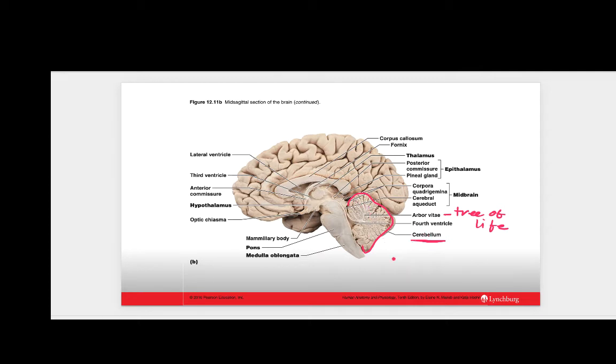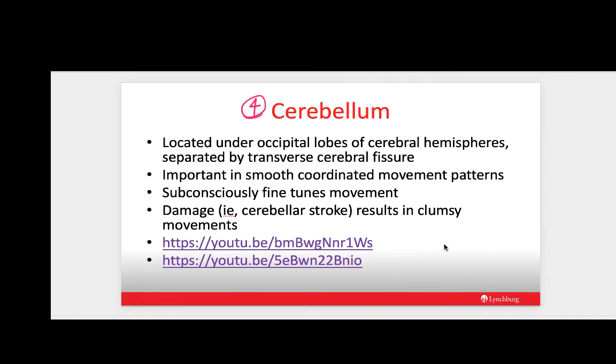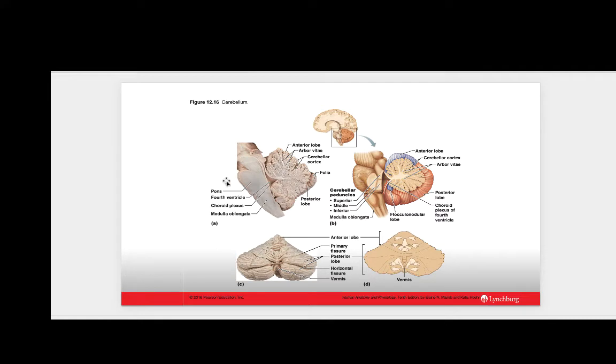Now, the cerebellum does also have a cortex, a cerebellar cortex, which is going to be the outer part of tissue. And then it's got cerebellar white matter, just like the cerebral hemispheres do. So that white matter is also present in the cerebellum. And the way that the cerebellum is arranged is that it's got two lobes.